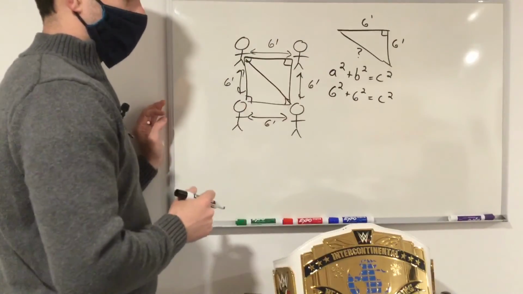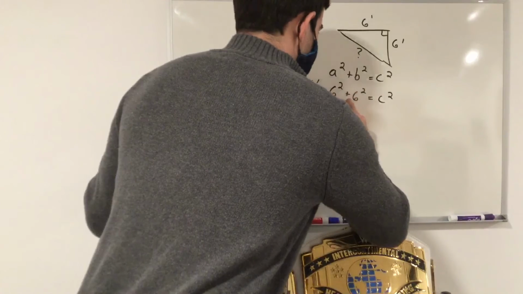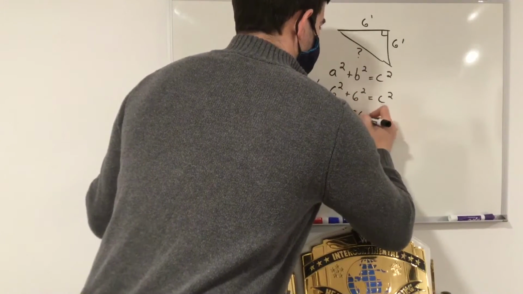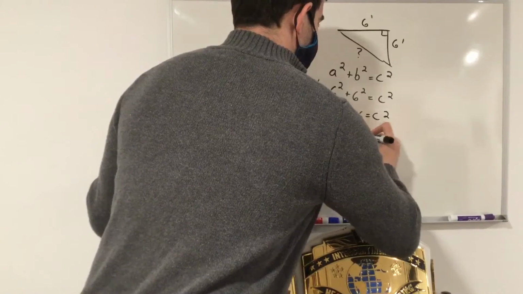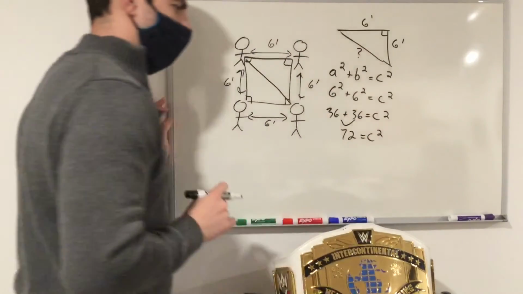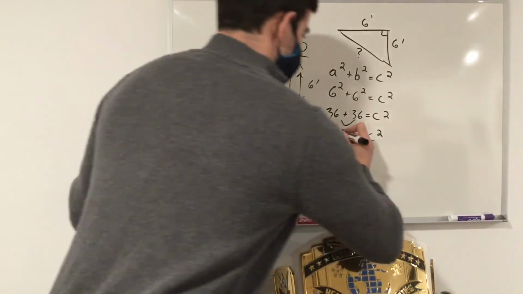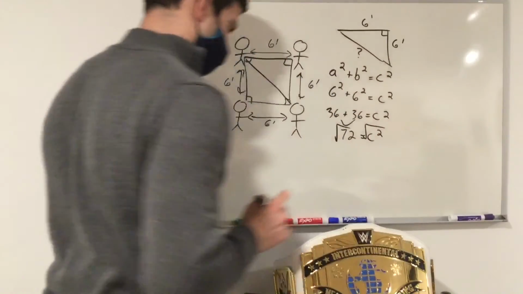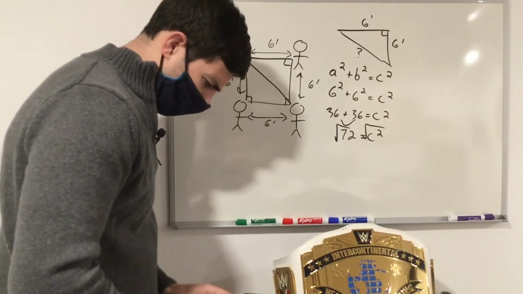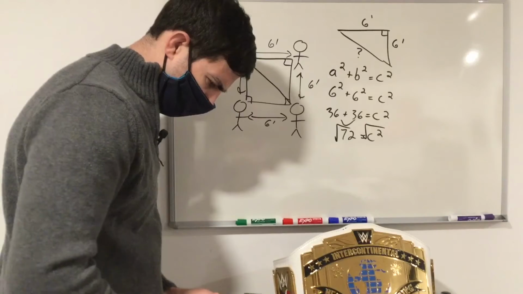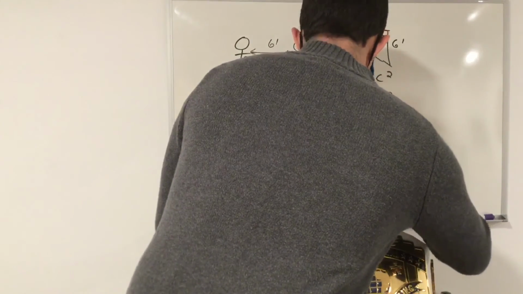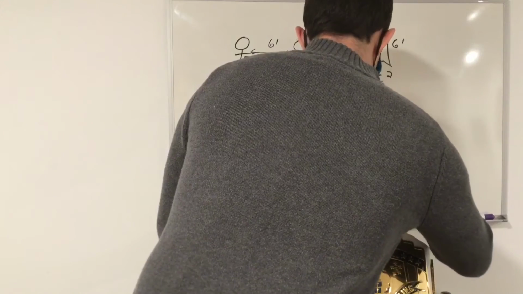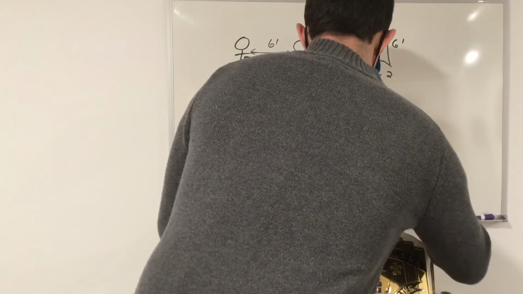Let's solve for c now. 6 squared is 36, plus 36 equals c squared. If I add those together, I get 72 equals c squared. In order to solve for c, I have to take the square root of both sides. Going to my calculator, the square root of 72 is c equals 8.485.